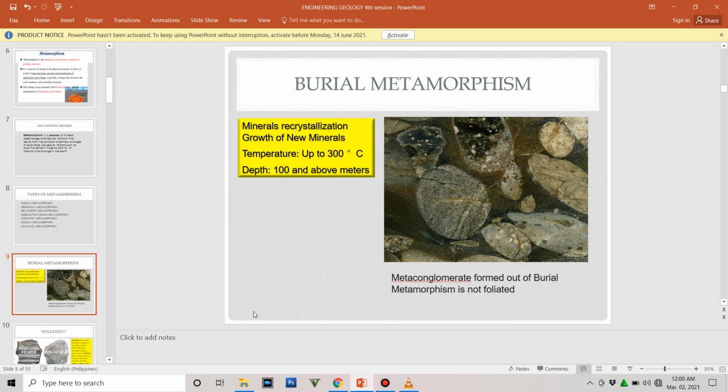So, what about this lithostatic pressure? Normally, when we have differential pressure, it is a pressure that is larger along one direction.